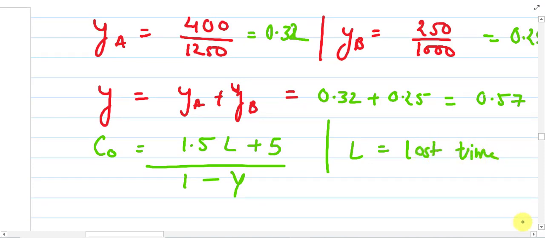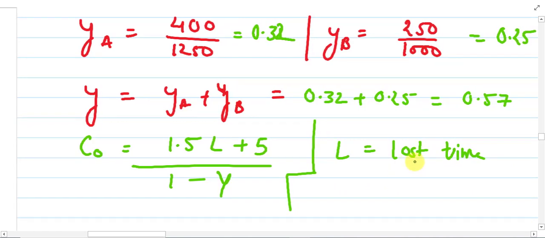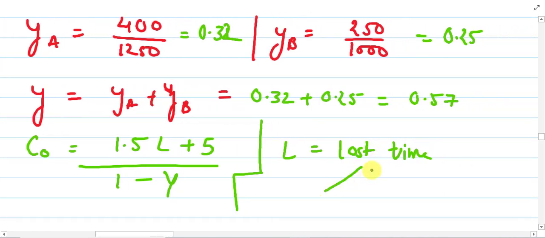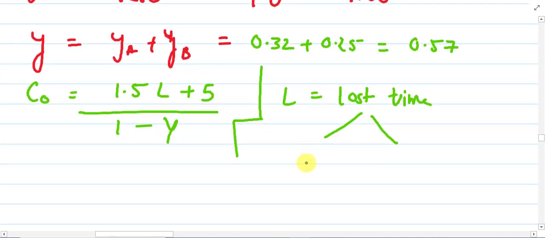Lost time occurs due to two fundamental things. The first one is all red time.